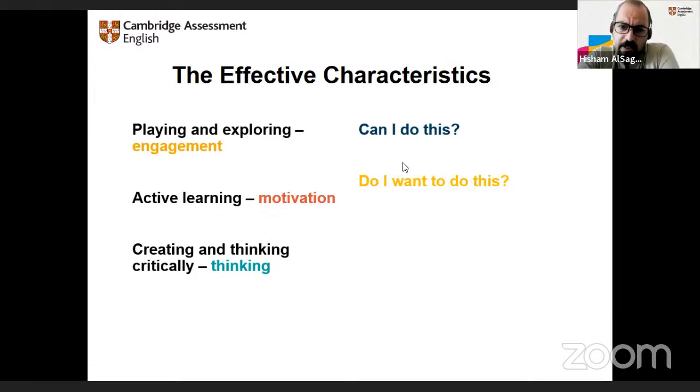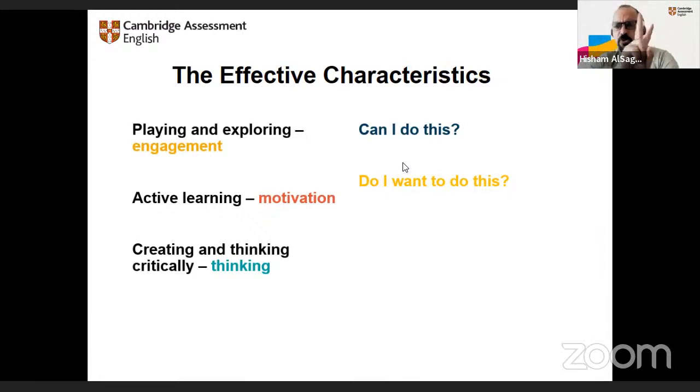The second one is motivation. And I recall here an old theory that was presented many years ago, what's known as the expectation theory. The expectation theory summarizes how we as learners, or as lifelong learners, increase our motivation.